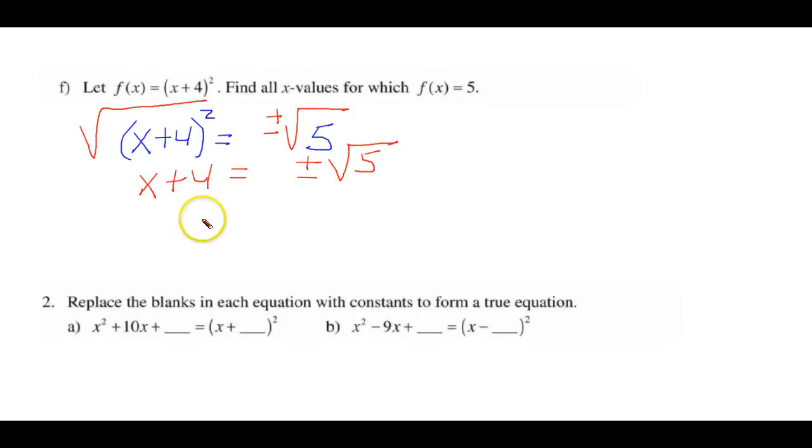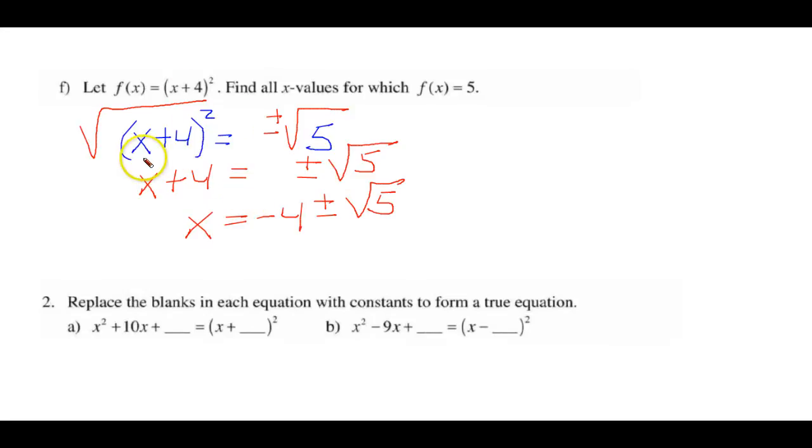Now, how do we get x by itself? Well, we take our positive 4, transpose it, becomes a negative 4, plus or minus the square root of 5. So we're building up toward a new tool for our toolbox.